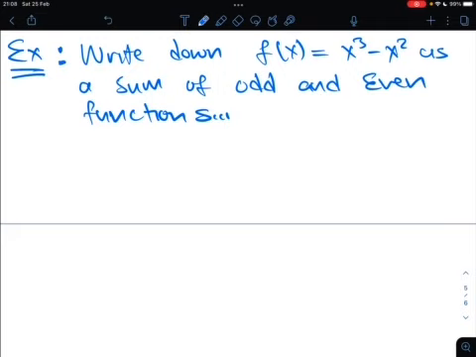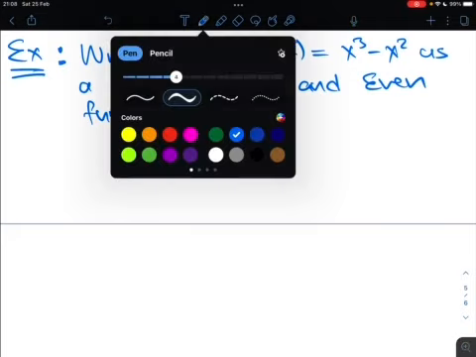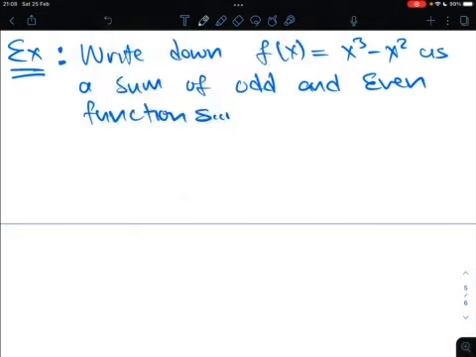You see, you can be given any random function and be asked to write it as a sum of odd and even functions. So how can you go about that?